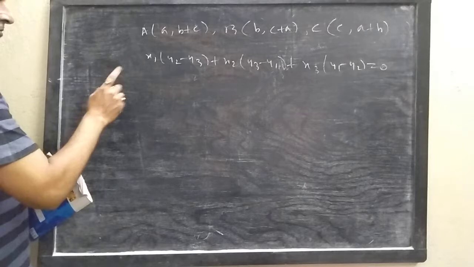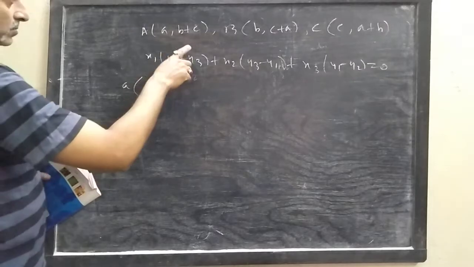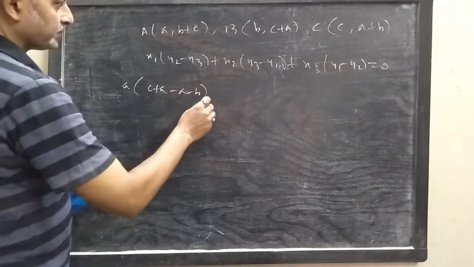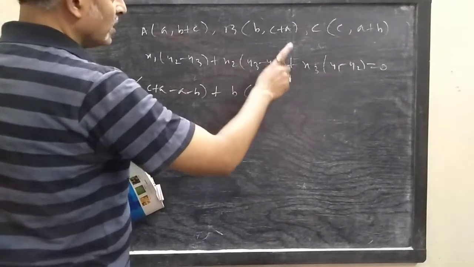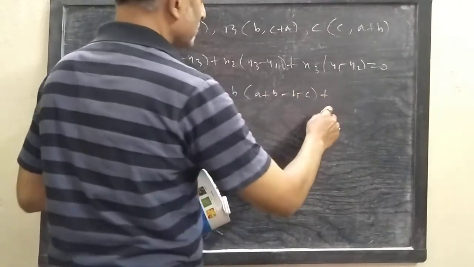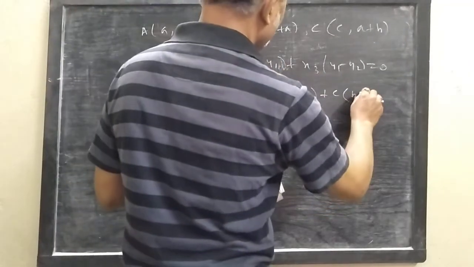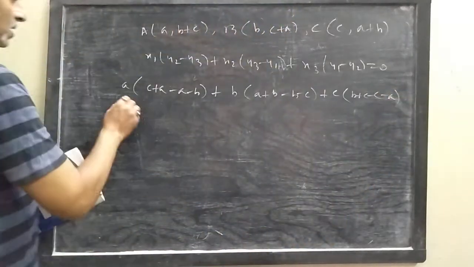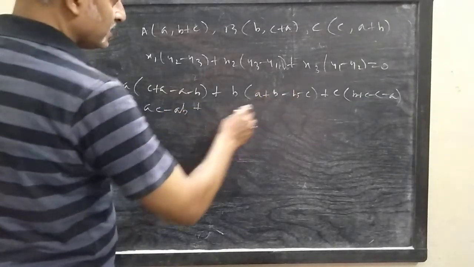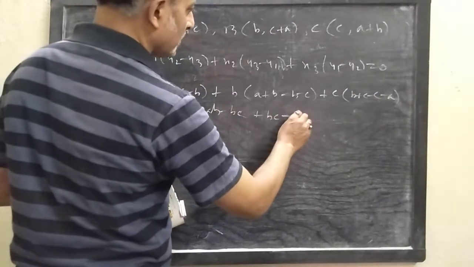So here, for the given 3 points, we have A into y2 minus y3, y2 is C plus A, minus y3, that is minus A minus B, plus x2 is B, x2 into y3 minus y1, y3 is A plus B, minus B minus C, plus x3 is C, x3 into y1 minus y2, that is B plus C, minus C minus A, equals AC minus AB, plus AB minus BC, plus BC minus CA.